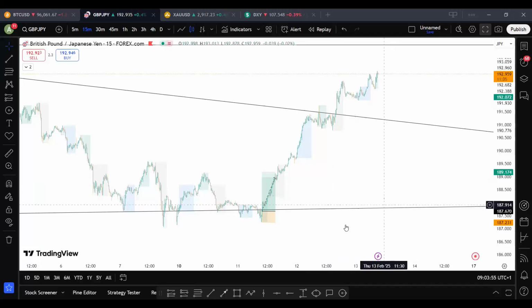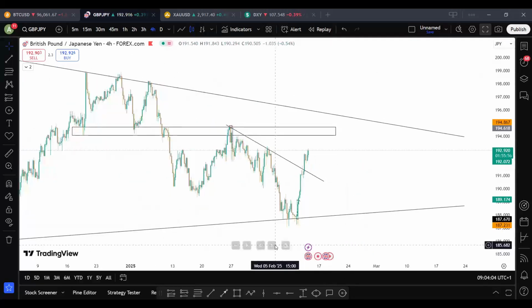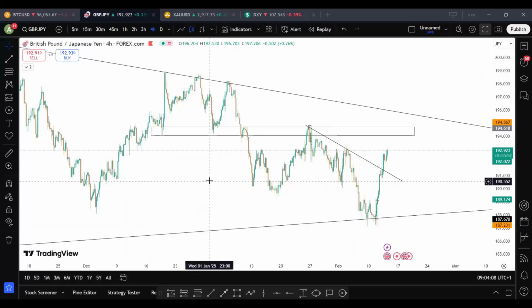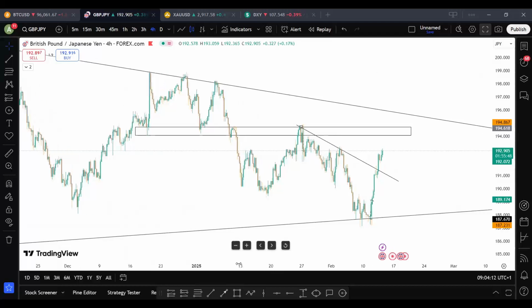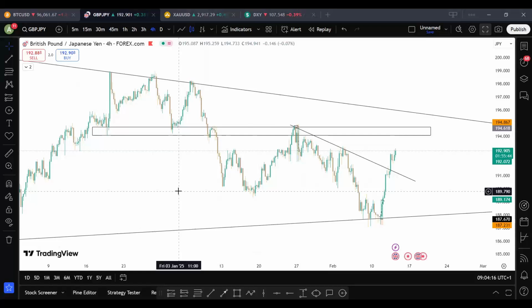Yeah, so let's start. This is the 4-hour. Finding a mentor is very, very crucial in this stuff. Finding a mentor is like a shortcut for you to achieving your forex, your trading dreams over a short period of time.